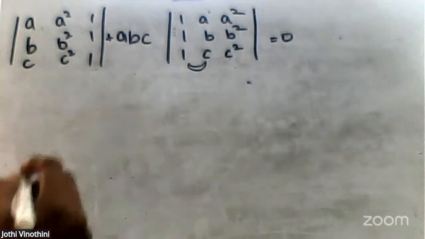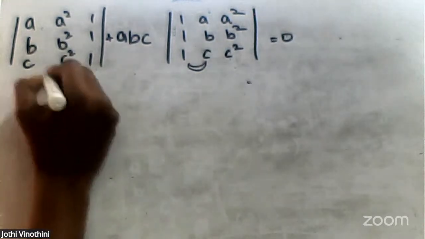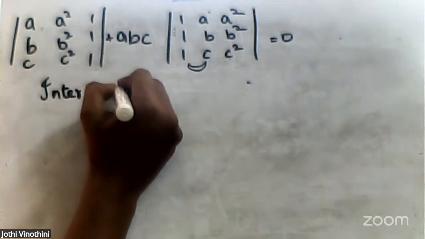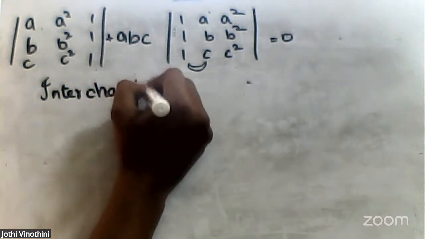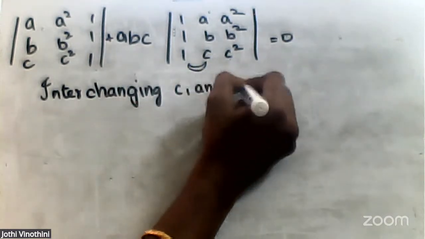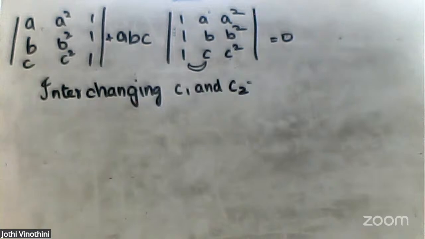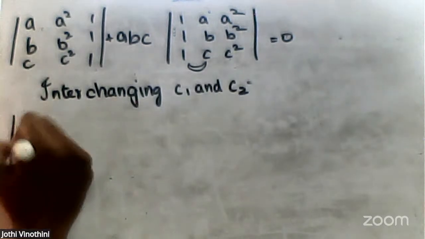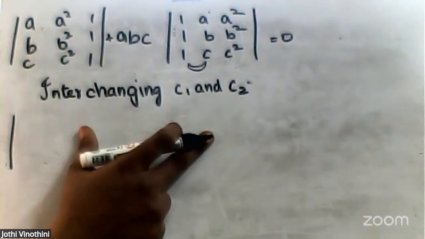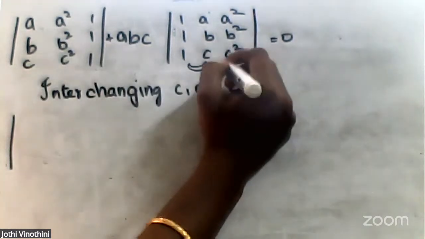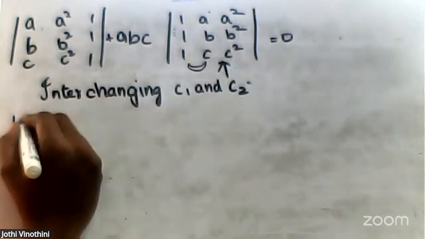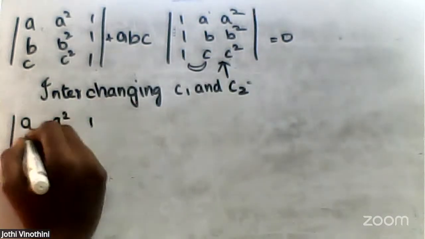First I am interchanging column 1 and column 2. This determinant remains the same. I am changing the columns for this determinant only, so this matrix remains the same.